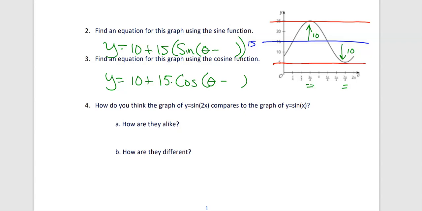And then we have to decide, based on the graph, how much we need to shift it. For example, I went ahead and marked the top of the graph as 3 pi over 4, and the bottom of the graph as 7 pi over 4.